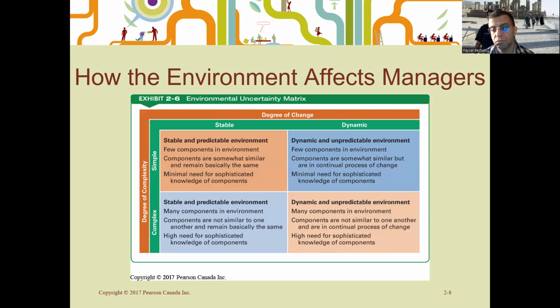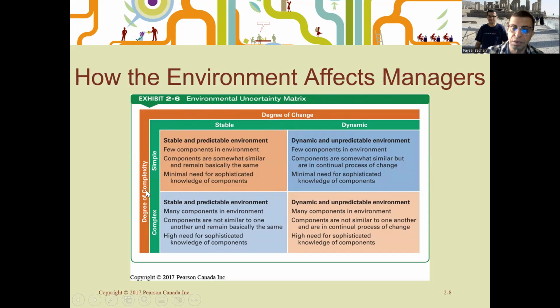There is a total picture of how the environment affects managers. On the top, it's about the environmental uncertainty matrix. It divides the degree of change, how fast things change, and the degree of complexity.